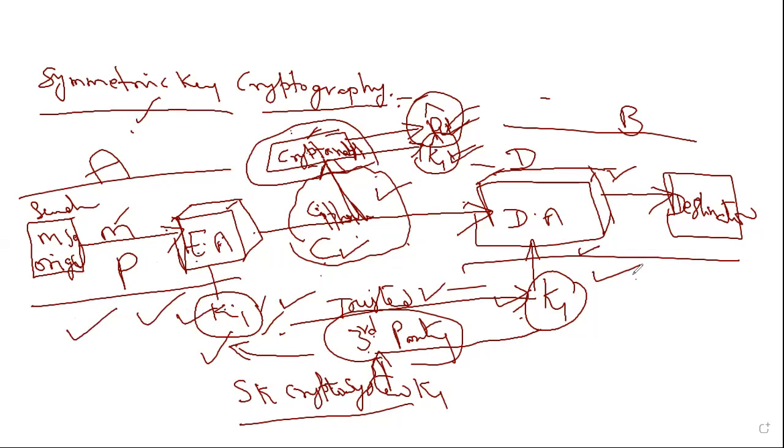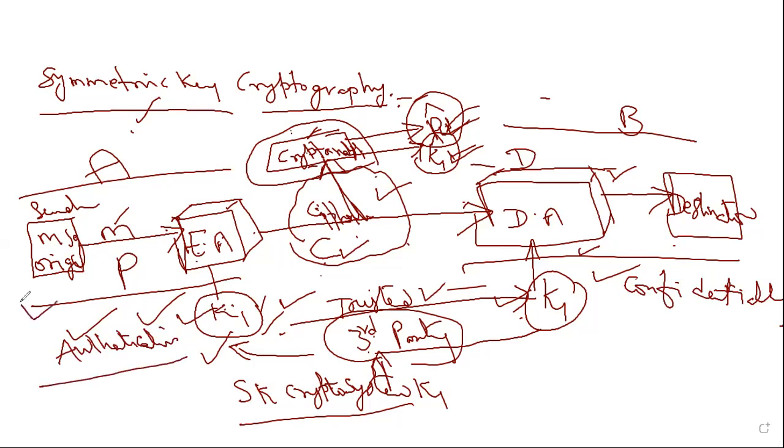At the receiver side, confidentiality is provided, because the sender must get the confidence that the receiver received it successfully, and the receiver must get the confidence that only the legitimate sender transmitted that information. Authentication means only an authorized person is sending the message. Confidentiality means only the authorized receiver received the message, right?